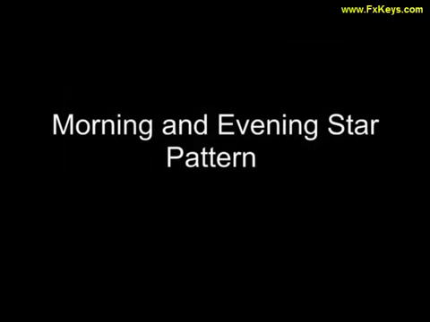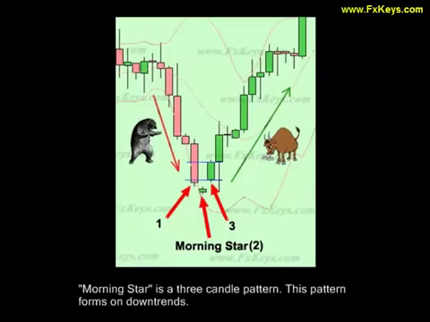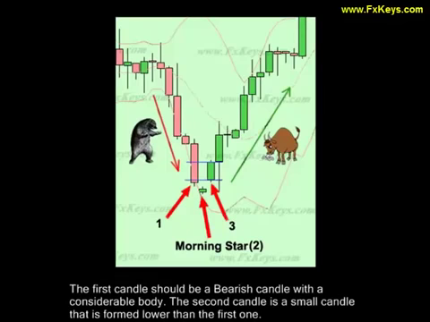Morning and evening star pattern. Morning star is a three-candle pattern. This pattern forms on downtrends. The first candle should be a bearish candle with a considerable body. The second candle is a small candle that is formed lower than the first one.